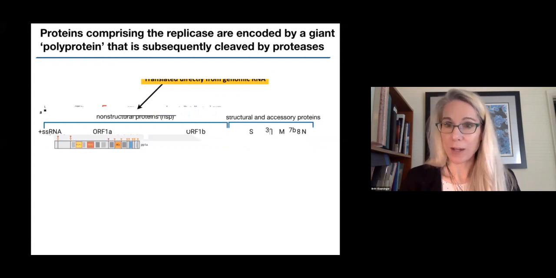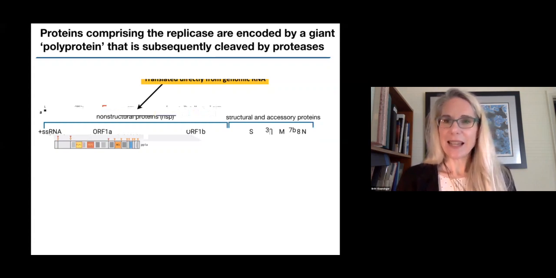Well, the first strategy that it uses, which a number of positive sense RNA viruses use, is that it translates that first giant open reading frame as basically one what we call a polyprotein.